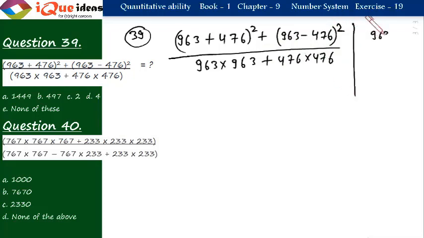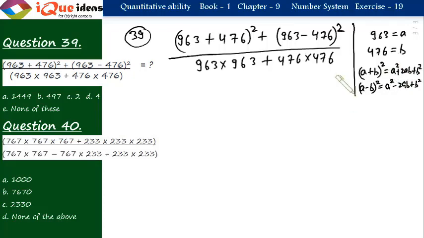Now for this question, let's consider 963 to be A and 476 to be B. Now I hope you remember the squares formula, that is A plus B whole square is equal to A square plus 2AB plus B square, and A minus B whole square is equal to A square minus 2AB plus B square.